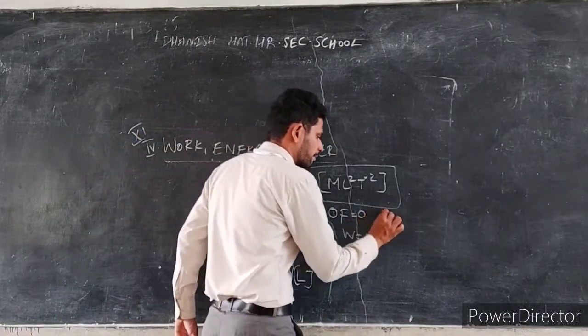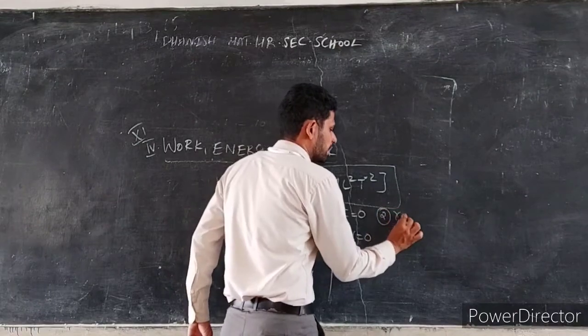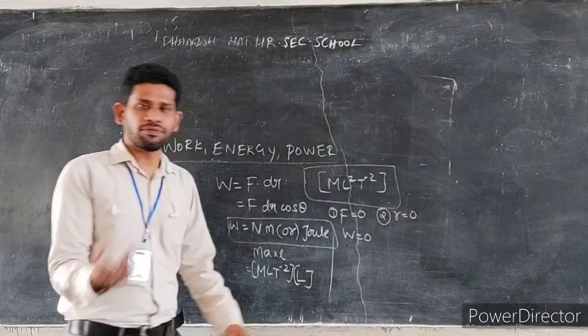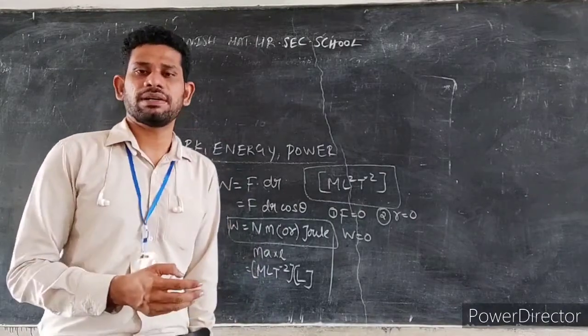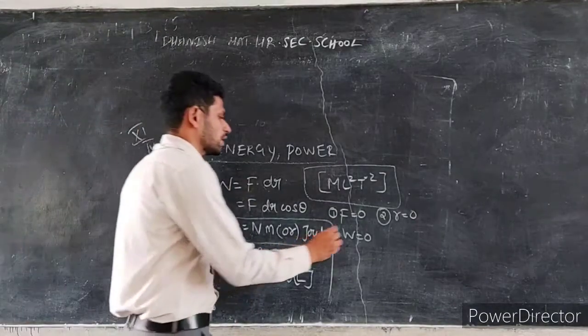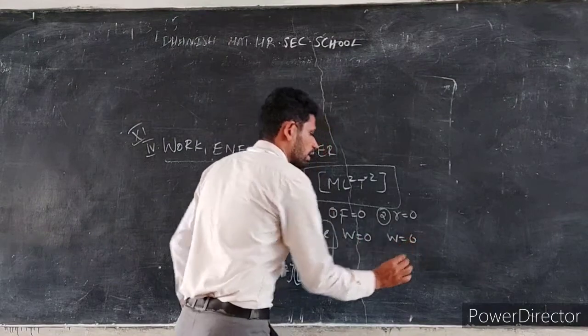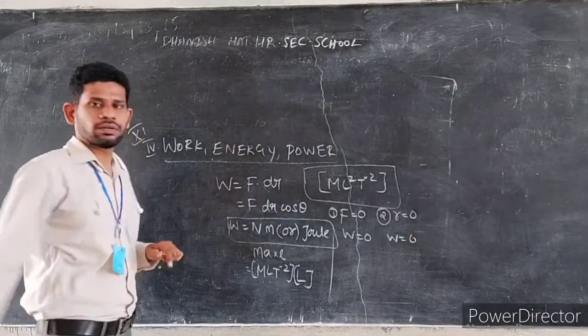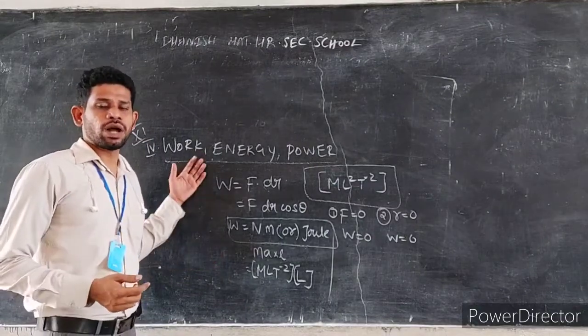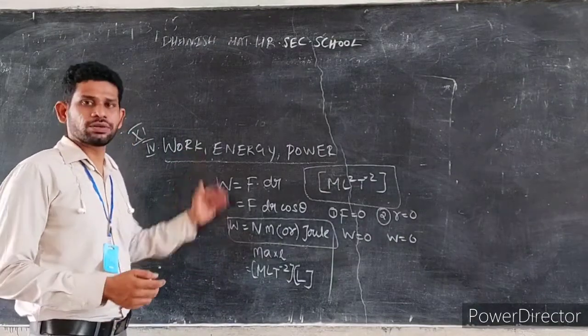The second case: suppose displacement is equal to 0. I am giving the force, but there is no displacement of that object. Then again, the work done will be equal to 0. For example, I am giving a lot of force on this board or the wall. The wall will never move from here to there.